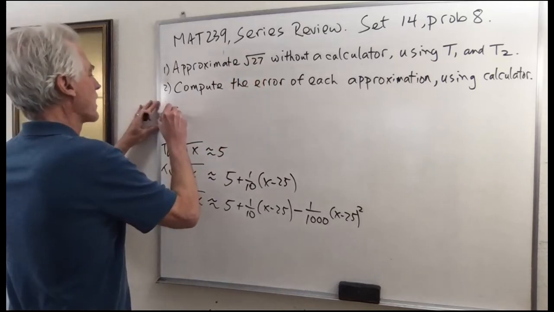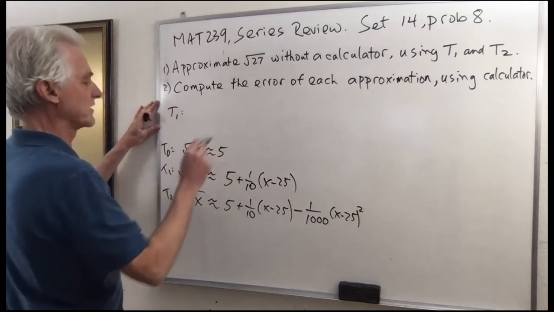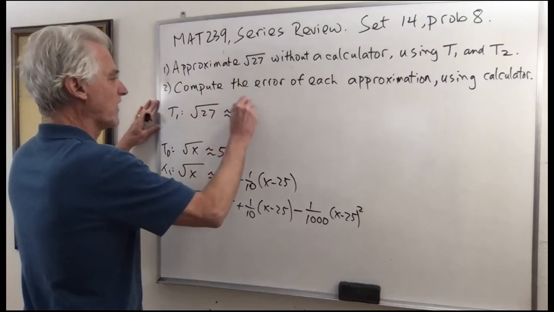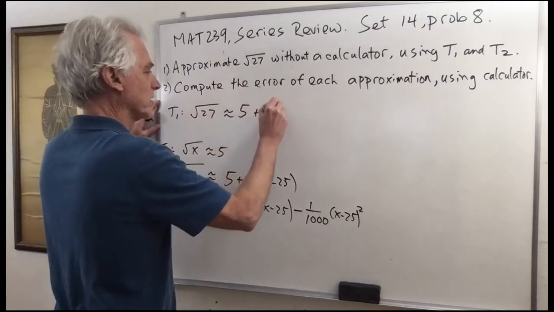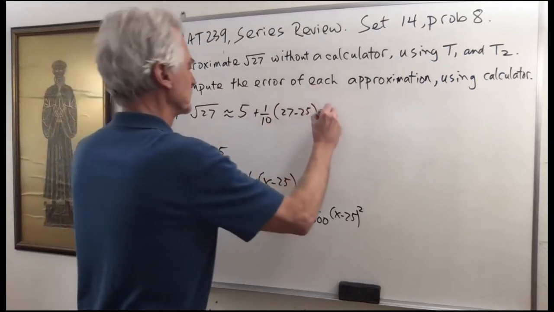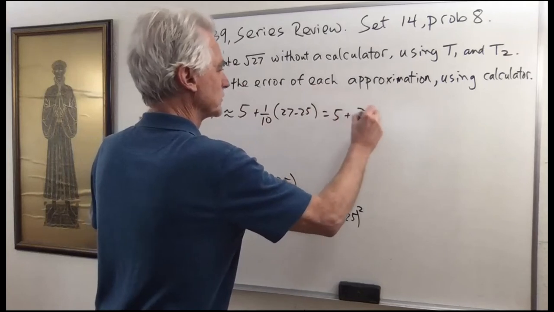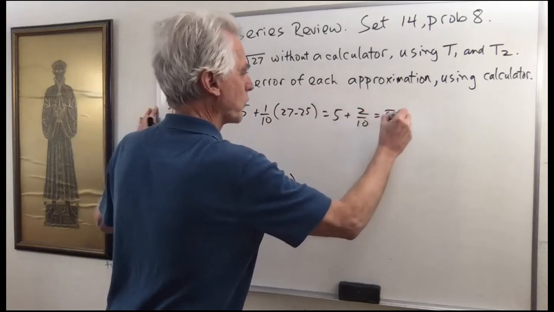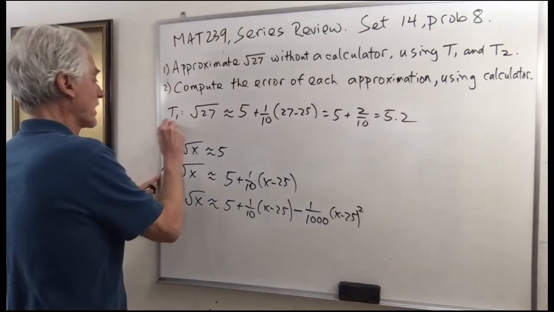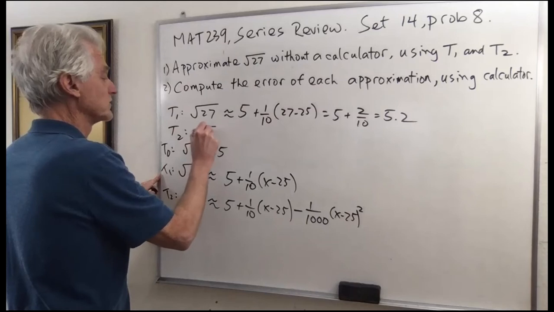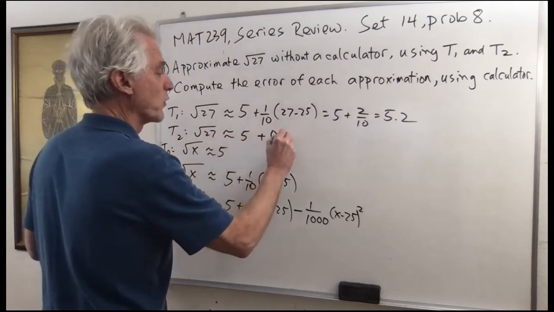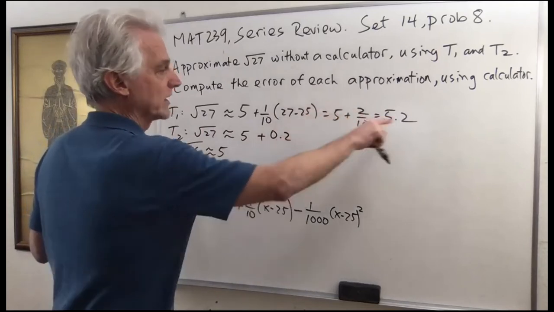So the T1 approximation is that square root of 27 is about equal to 5 plus a tenth times 27 minus 25. That's just 2, so that's 5 plus 2 tenths, or 5.2. And the T2 approximation is that square root of 27 is about 5 plus 0.2. We've done that already. It's the same.